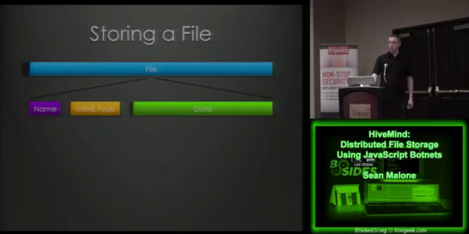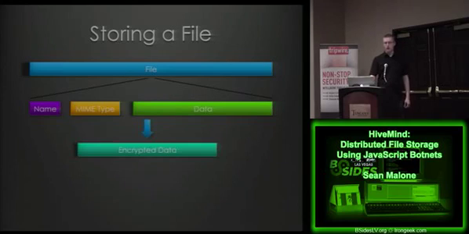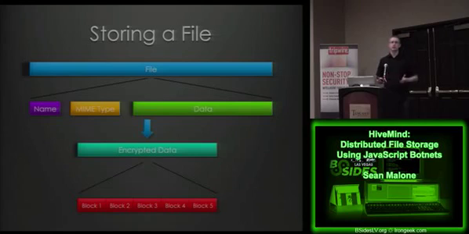But in this case, what we're going to do is go ahead and encrypt the data so that when we break this up and send it out, it's not possible for a malicious node to identify data that's being stored in these files. And then we break it into blocks, which basically means take that base64 string of that encrypted file data and chop it into blocks of equal size.